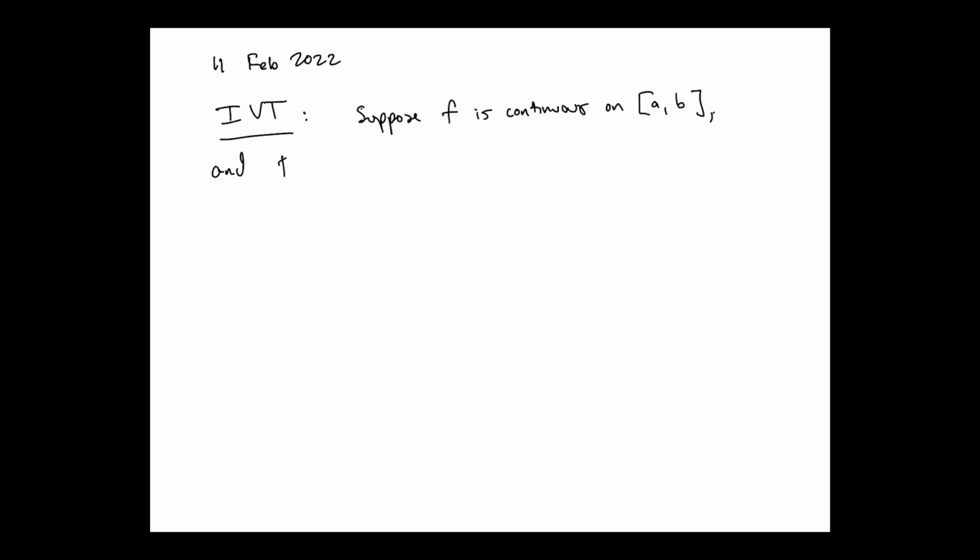And let me just start a new page here. So what's today, the 11th? Okay, so IVT for short, intermediate value theorem. Okay, so suppose f is continuous on some closed interval AB, and that f of A is not equal to f of B. So it's different at either end.